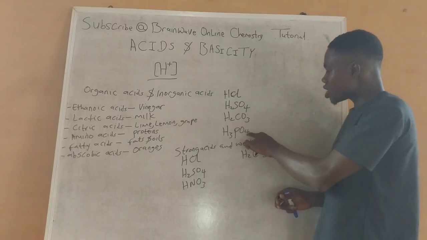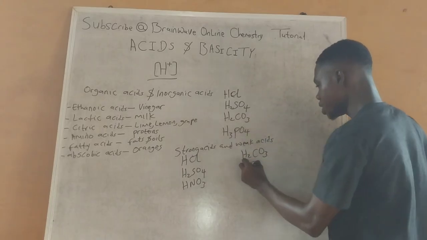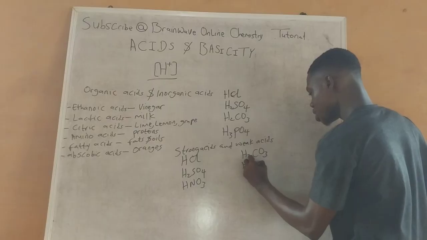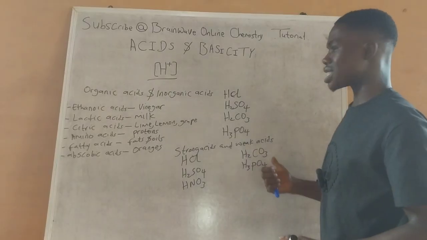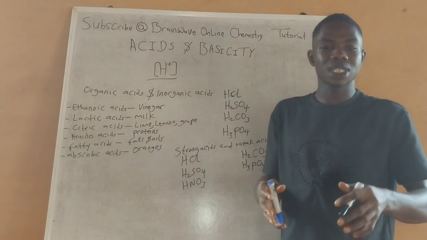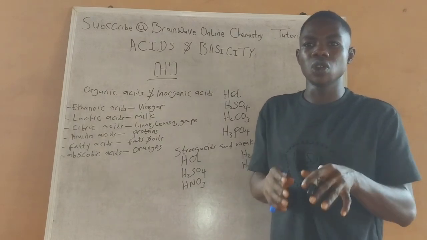We also have tetraoxophosphate 5 acid, which is H3PO4. So these are some of the examples of weak acid. They slightly dissolve in solution.